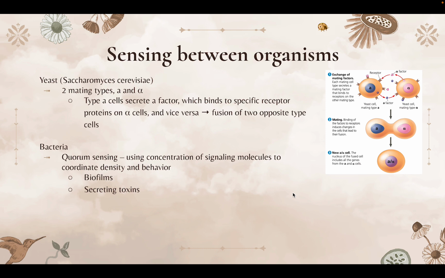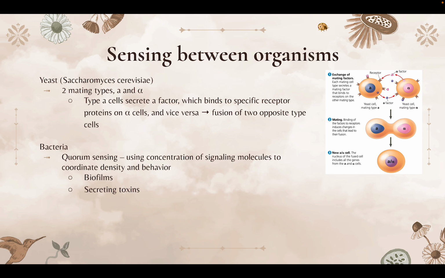So first, let's talk about sensing between organisms. Obviously, if these organisms are unicellular, then this is basically the same as cell communication, right? So let's talk about yeast, Saccharomyces cerevisiae. In yeast, you've got two mating types, an A type and an alpha type.